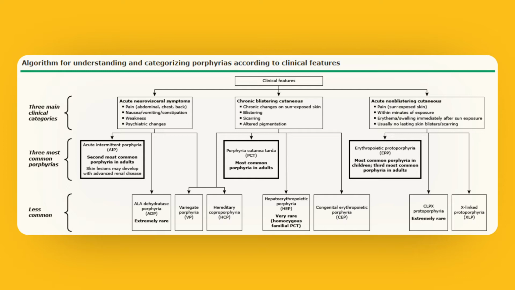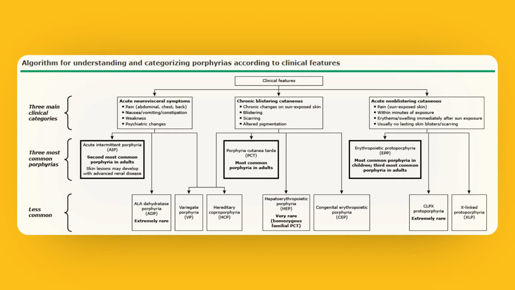So AIP, acute intermittent porphyria, being an acute attack of nervous system, etc. The PCT, porphyria cutanea tarda, with cutaneous manifestations of a chronic non-blistering type, and that EPP, which is number 1 in kids and number 3 in adults, with the acute non-blistering manifestations.